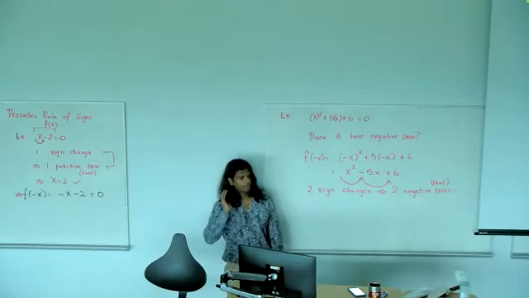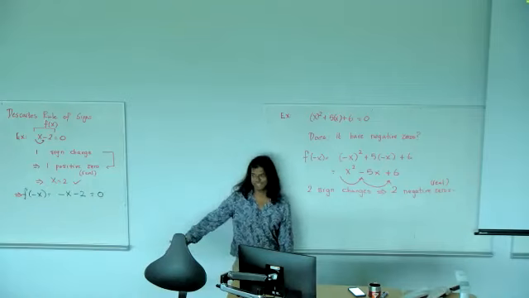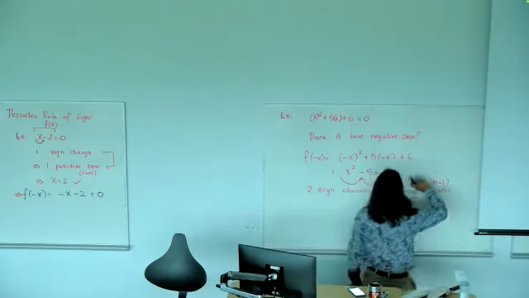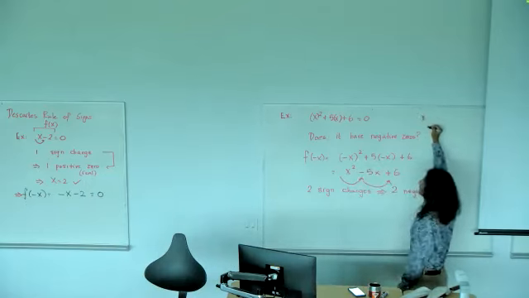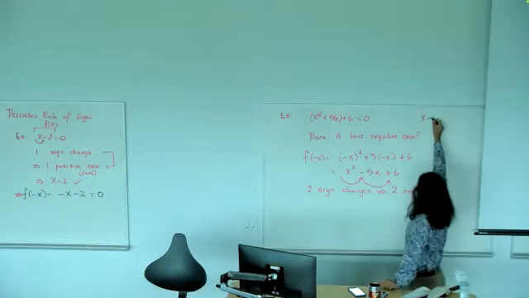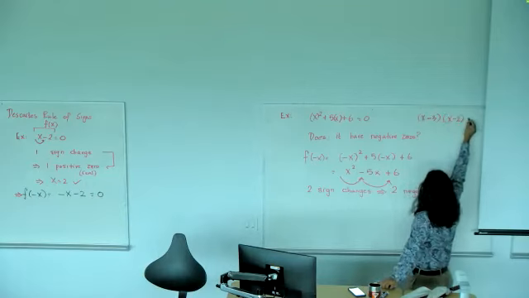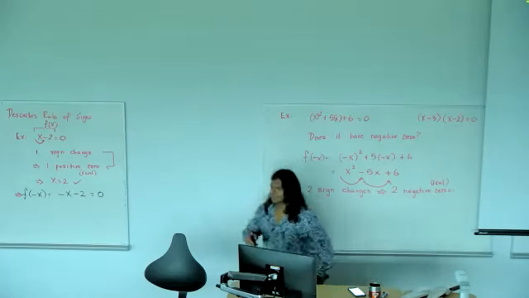What are the 2 zeros? How about negative 3 and negative 2? Is it negative 3 and negative 2? Does that give you x squared plus 5x plus 6?